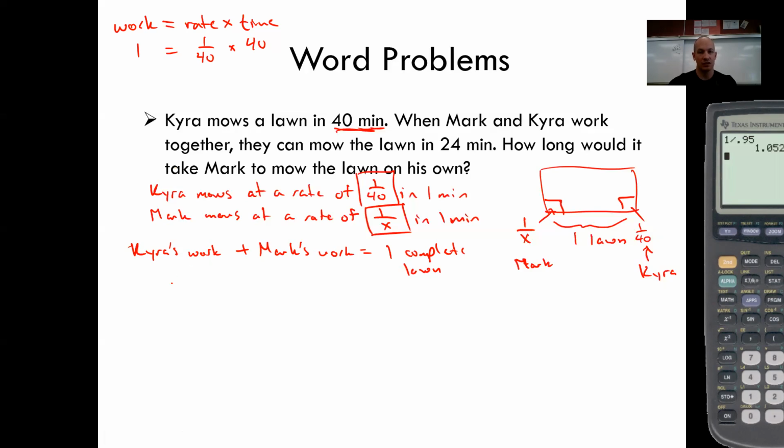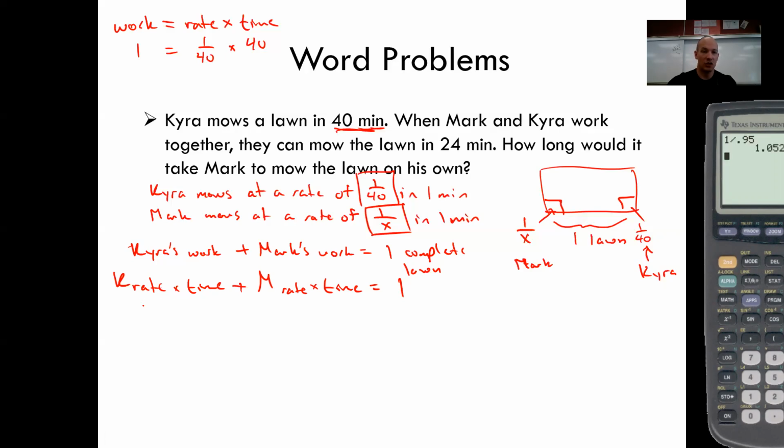So here's the thing. We would say her rate multiplied by the time. So Kira's rate, let's call it K rate for lack of something better, and the M rate multiplied by the time equals 1 complete lawn. I'm just going to leave it as a 1.